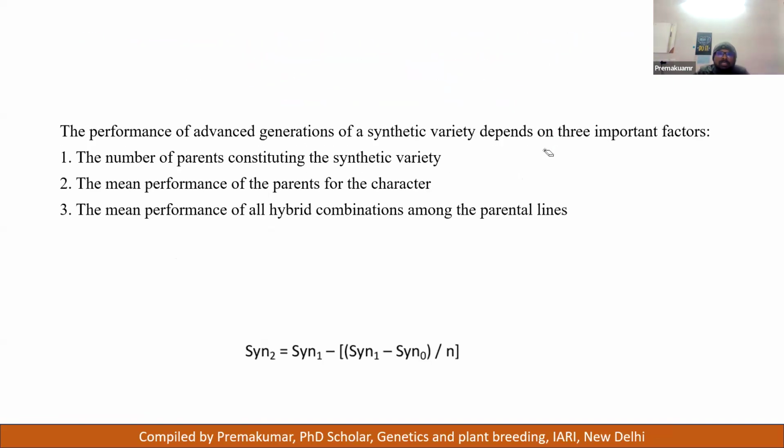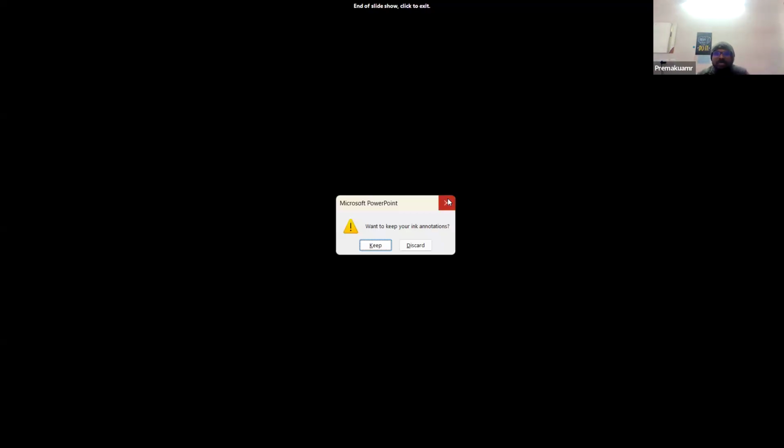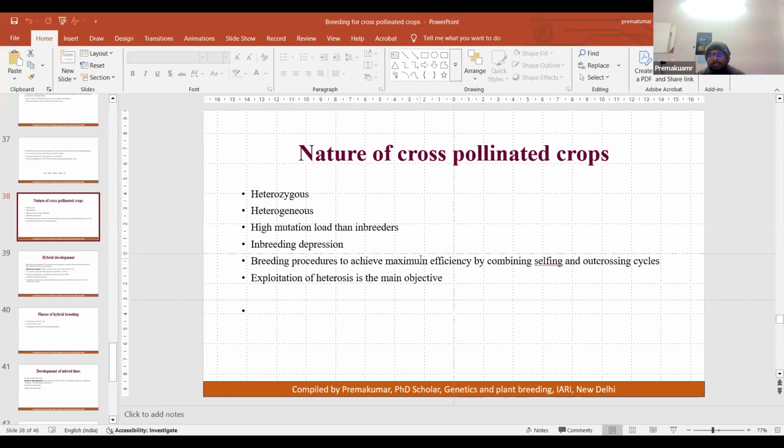Synthetics, composites, and I have taken maize as a case study and explained how to do hybrid seed production step by step. What is the isolation, the nicking, the anther shedding intervals, and how to take floral biology into consideration during hybrid seed production. Everything we have discussed.